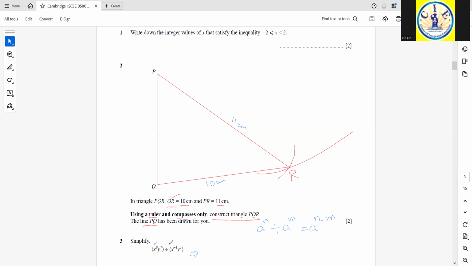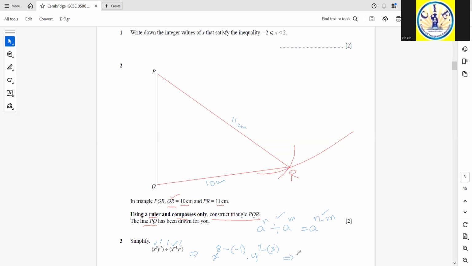So for x raised to power 8 and x raised to power negative 1, we are going to have a minus sign in between these two indices because of this rule. And the same goes for y raised to the power 7 and y raised to the power 3. Those are being divided, so there is going to be a negative sign in between these two indices.